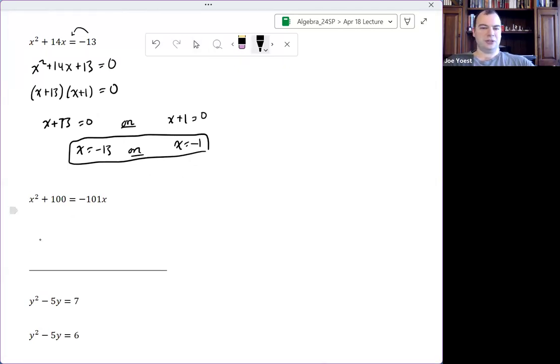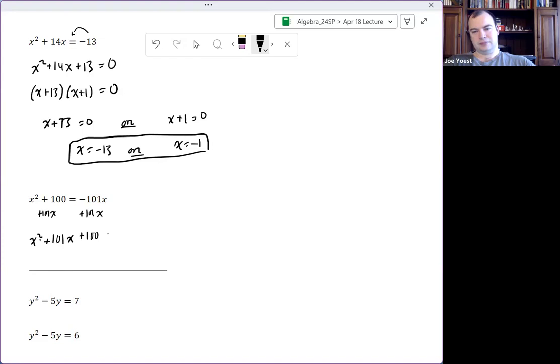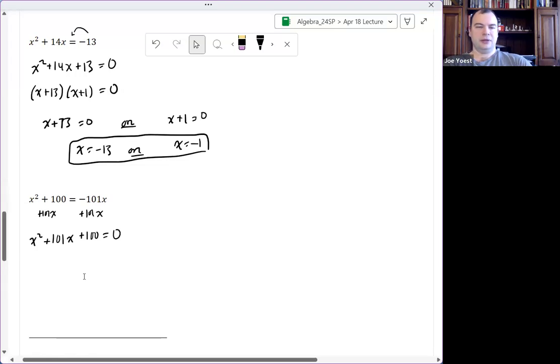Something similar here, x squared plus 100 equals -101x. I want to get everything on the left-hand side, so I add 101x to both sides. And now I factor on the left-hand side.